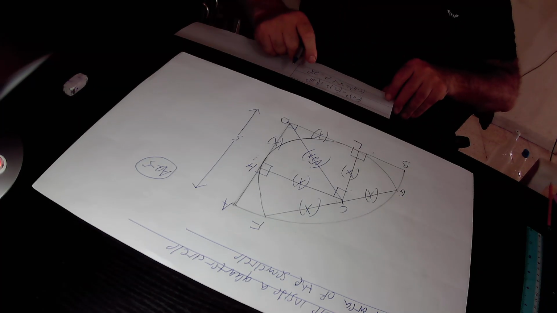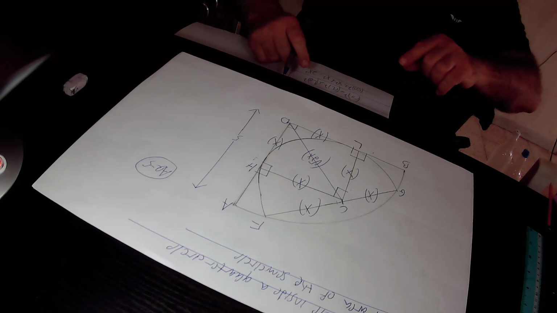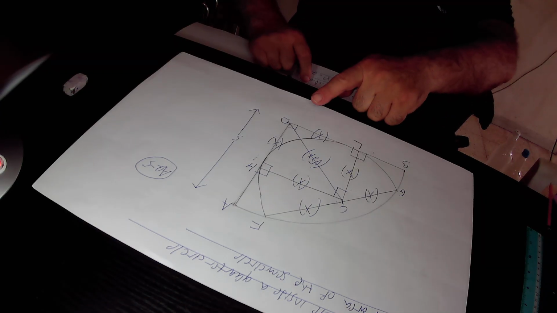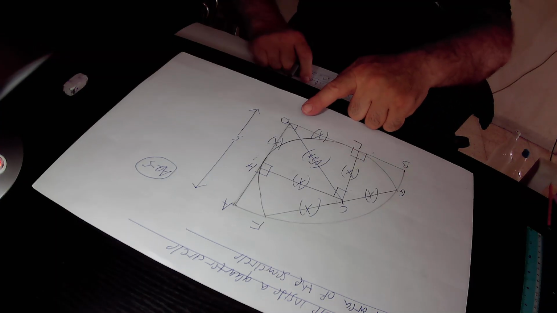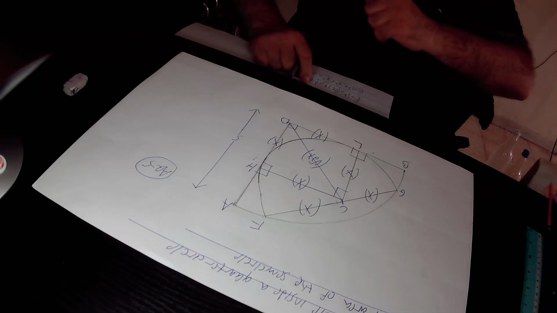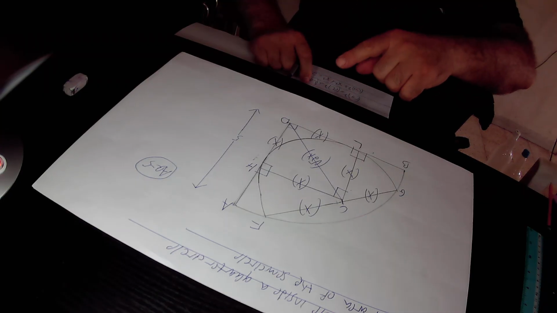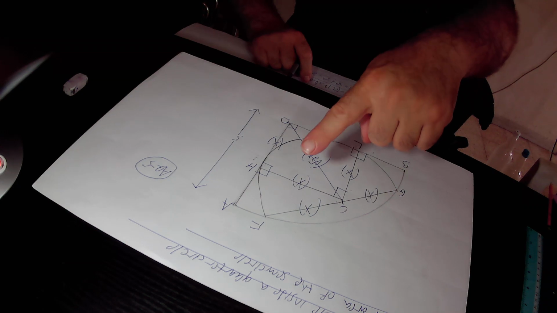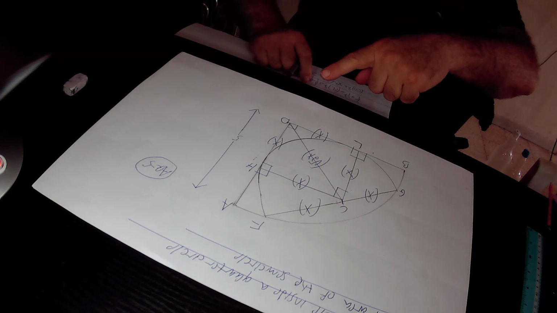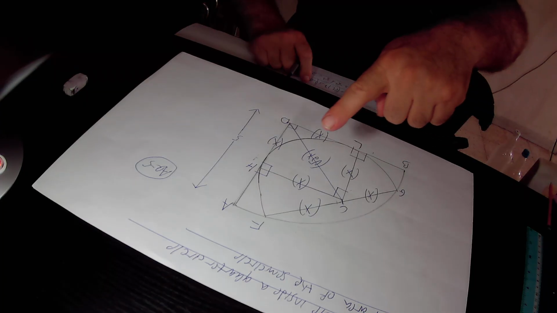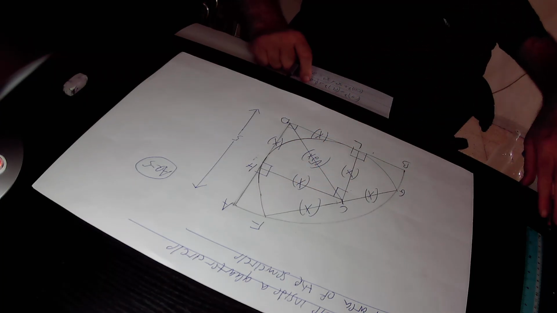Why? Because in our drawing we have line segment OC that is drawn from the center of this quarter circle, that is to say from this point O, and line segment OC bisects chord FG. And therefore, according to rule 7, line segment OC will also be perpendicular to FG.